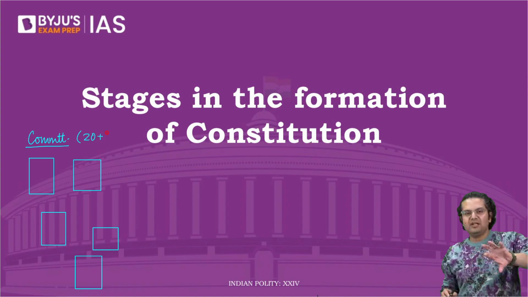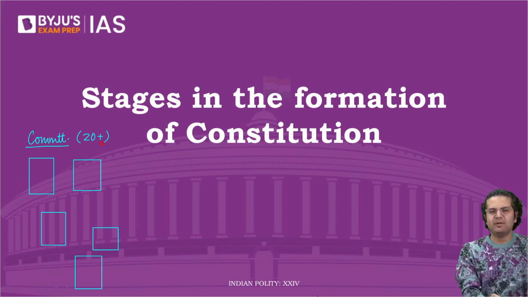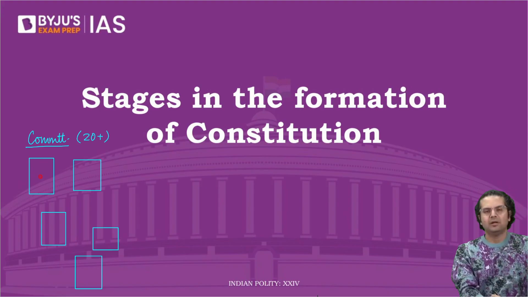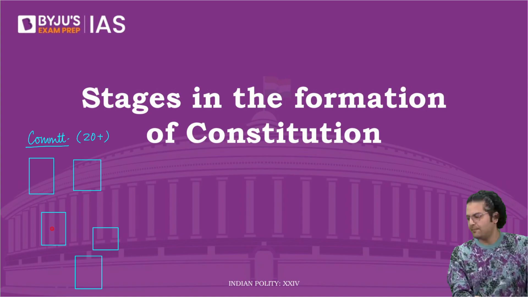And these committees had members from the assembly only. They were told, listen, you 10 people, prepare some provisions on rights, prepare some provision on union's power, prepare some provision on judiciary, prepare some provision on elections, etc.